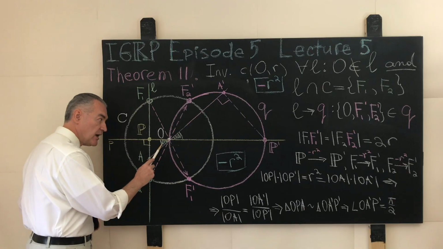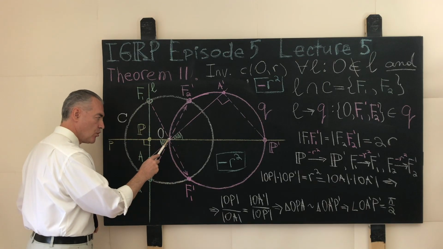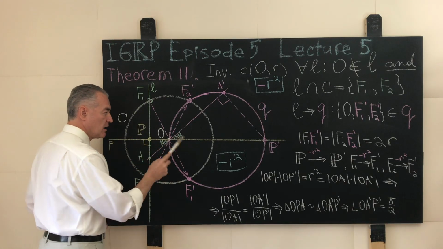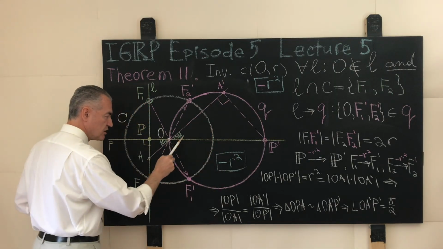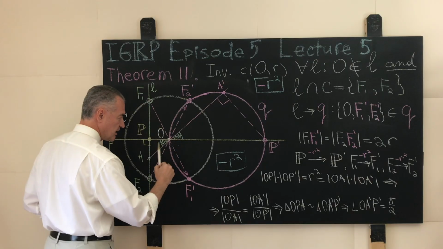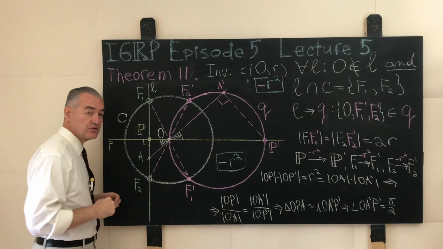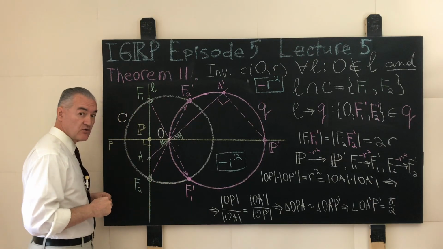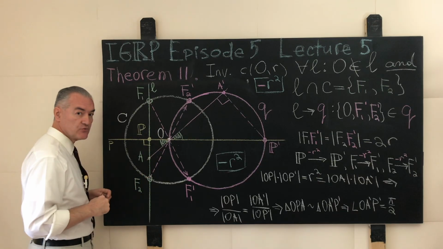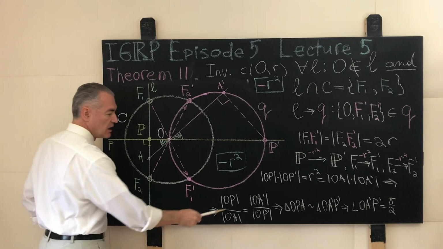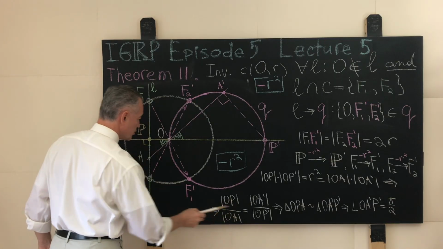Now, we have two triangles, OPA and OP prime A prime, that technically do not share an angle, but they have the same by magnitude angle, and the lengths of the sides about that angle are of the same magnitude, are what? Are in the same proportion.